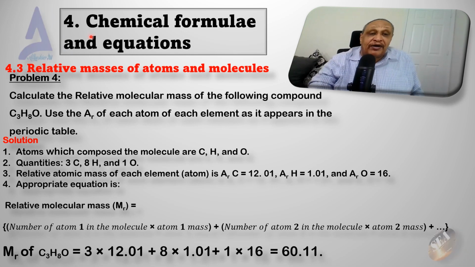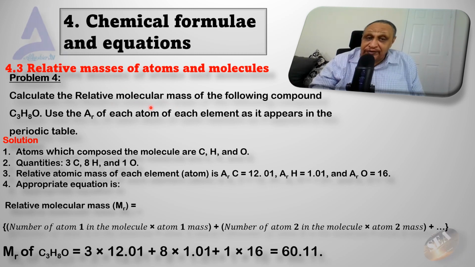Now, our next problem is to calculate the relative molecular mass. We didn't say formula mass, we say molecular mass, of the following compound, C3H8O. Why do we do that? Because this is a covalent molecule.